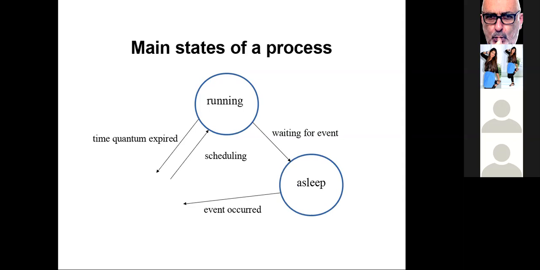A process is sleeping when it has no control of the CPU, is doing nothing, because there are logical conditions that are waited for. Logical conditions are just waiting for events.